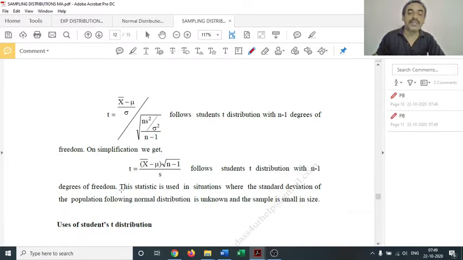This statistic is used in situations where the standard deviation of a normally distributed population is unknown and the sample is small in size. We can use this statistic in interval estimation and also in testing of hypothesis.